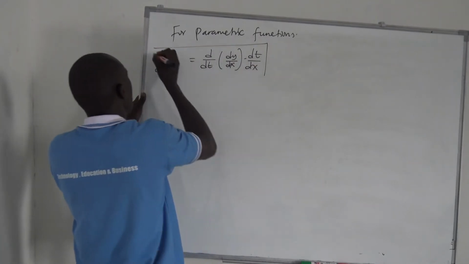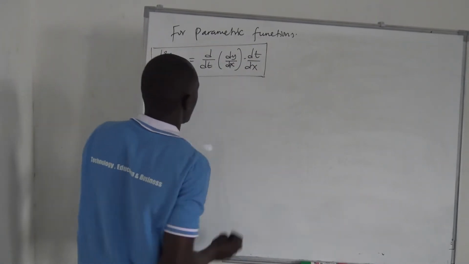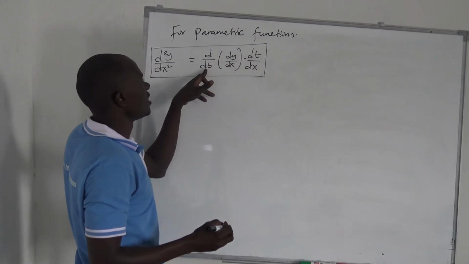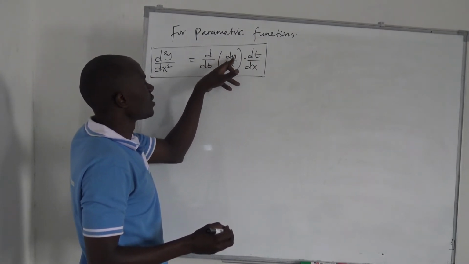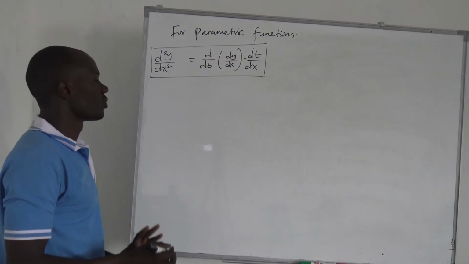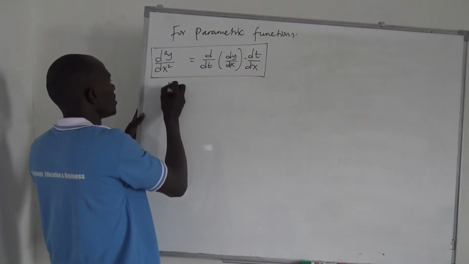This is the formula which is given, such that dt can cross with dt, you remain with d of this, you get the d2y dx squared. That's where it came from. So let's look at an example.